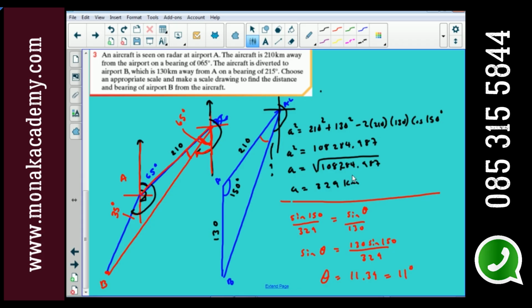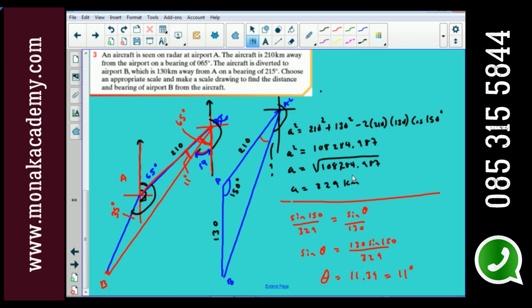So we know this angle is 11 degrees, and we know the total for the whole angle is 65. So what will be this part alone? 54. So this part will be 54.